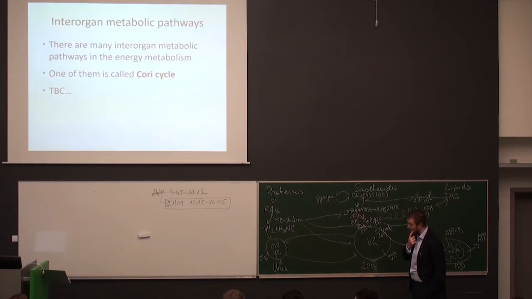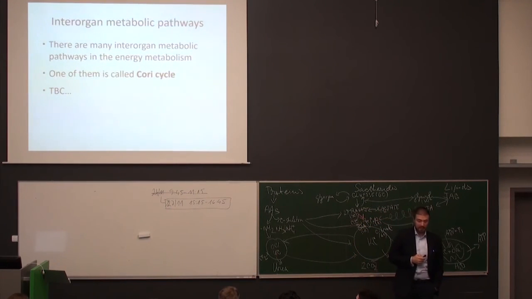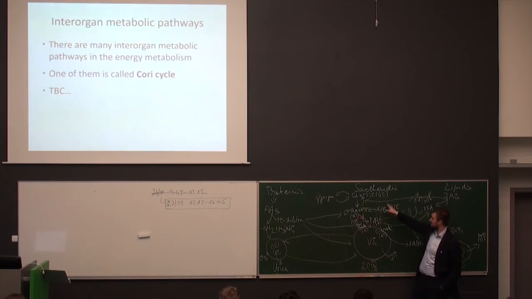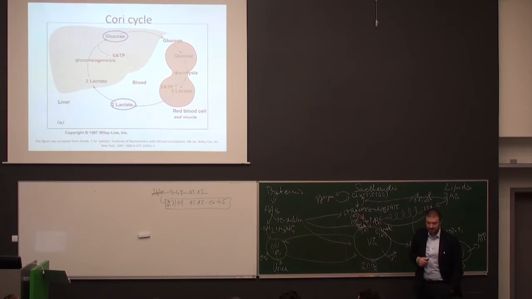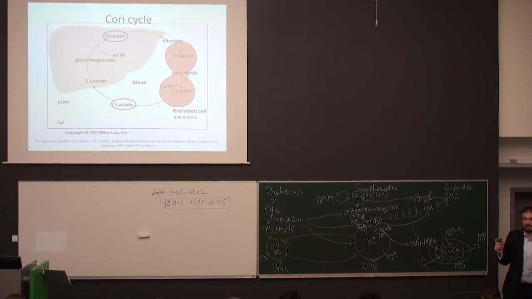One of the examples of these metabolic pathways is called Cori cycle. Cori cycle is a very simple pathway that couples together your liver cells and your red blood cells.